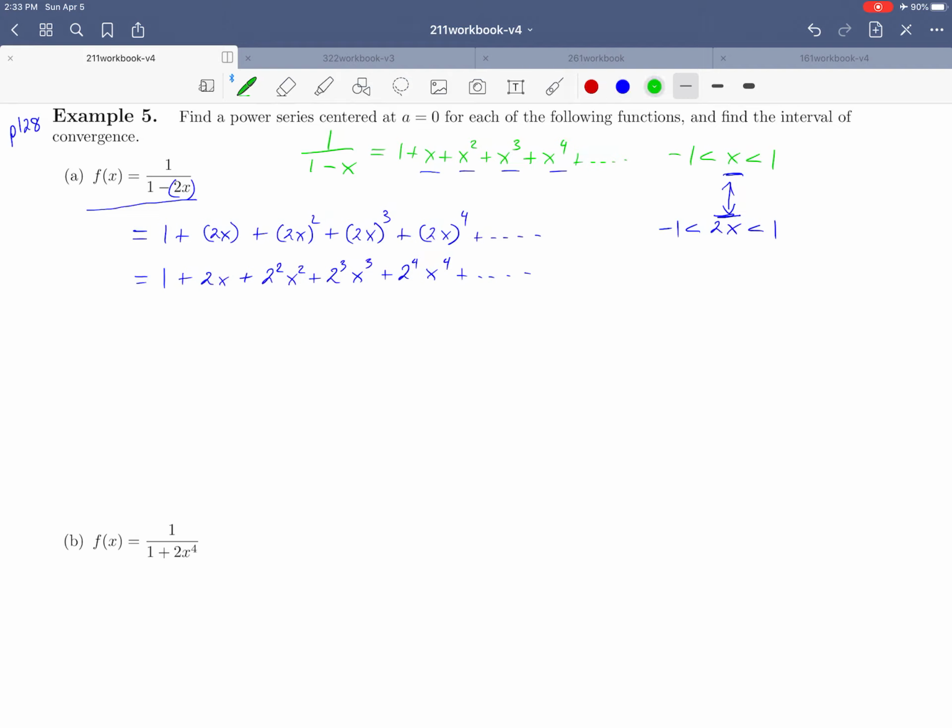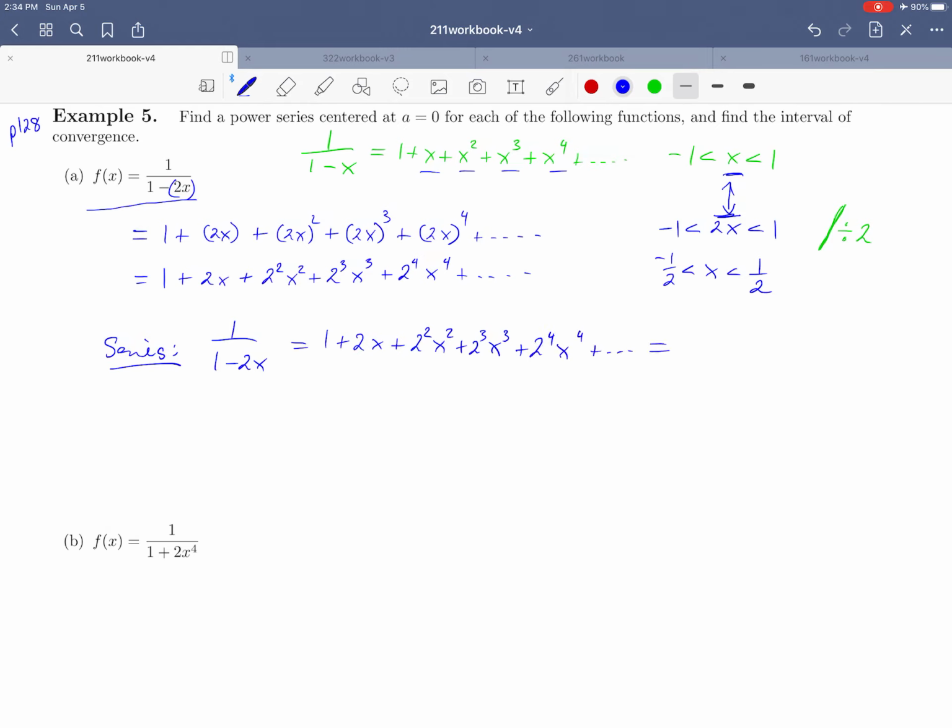And so what I can do is divide by 2 all 3 pieces of my inequality, and that gives me minus 1/2 is less than x is less than 1/2. And that's it. So my series for 1 over 1 minus 2x is equal to 1 plus 2x plus 2 squared x squared plus 2 cubed x cubed plus 2 to the fourth x to the fourth.